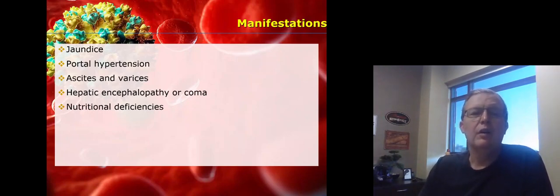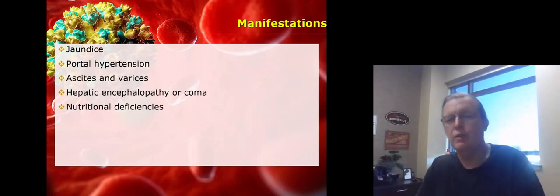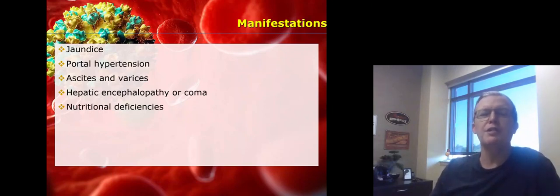Another effect of liver failure, in addition to jaundice, is portal hypertension. You'll recall earlier in this presentation, I mentioned 80% of the blood flow flows through the portal vein. If you have a liver that is resistant to perfusion, resistant to that low pressure blood flowing into the liver to be metabolized, that is a low pressure system that's not accustomed to having back pressure from the liver.